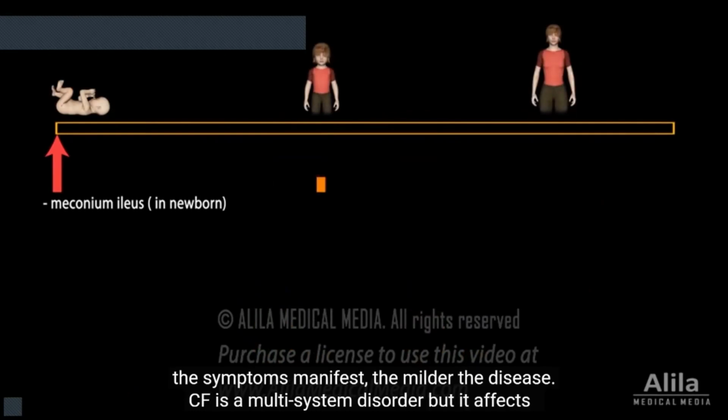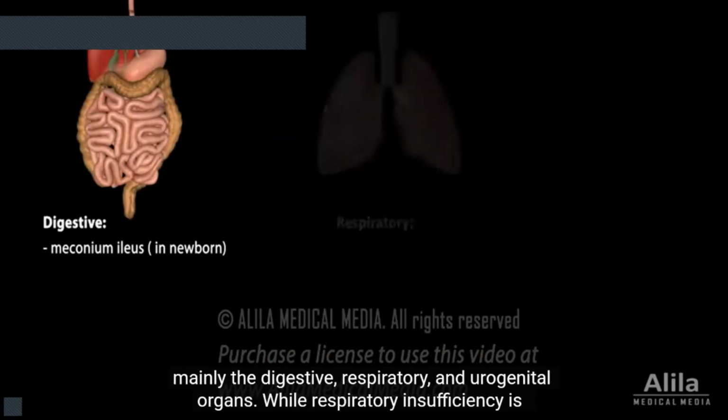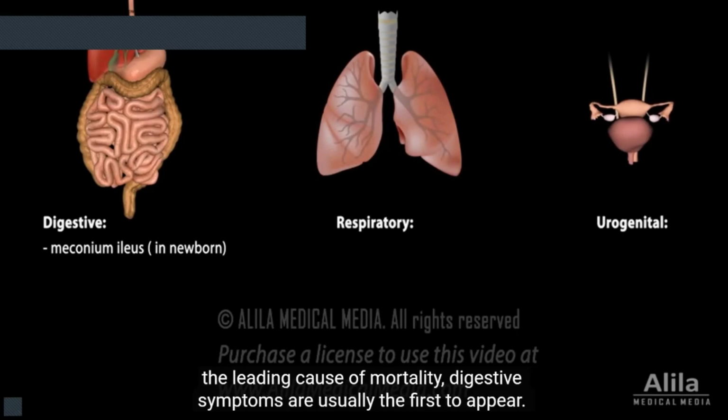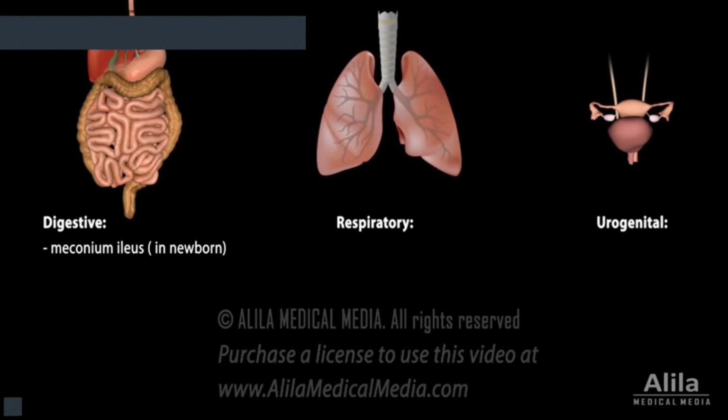Usually, the later the symptoms manifest, the milder the disease. CF is a multi-system disorder, but it affects mainly the digestive, respiratory, and urogenital organs. While respiratory insufficiency is the leading cause of mortality, digestive symptoms are usually the first to appear.